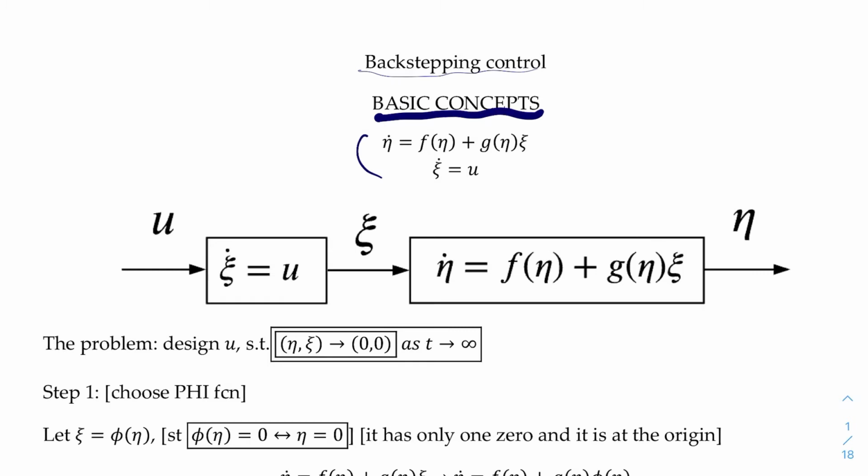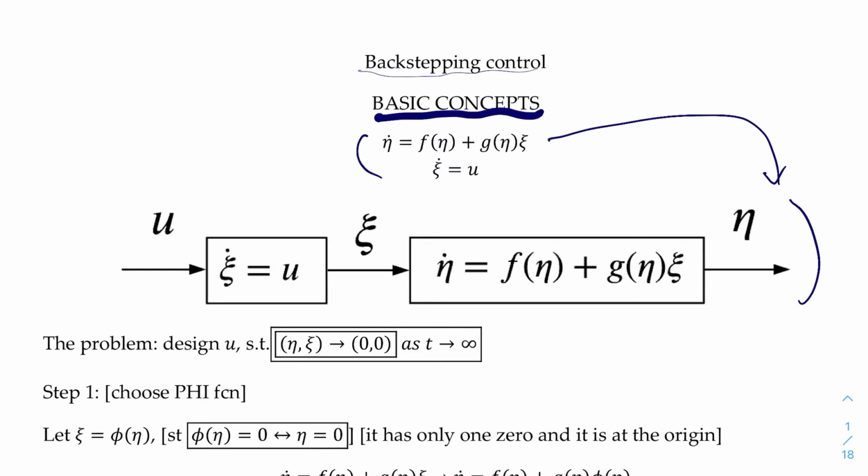This type of structure, a chain structure, one subsystem, 2 subsystems, etc. In a way it is in decomposed form, and this special structure will help us systematically construct nonlinear control algorithms that we will later name backstepping control. And this is the block diagram of this nonlinear plant.